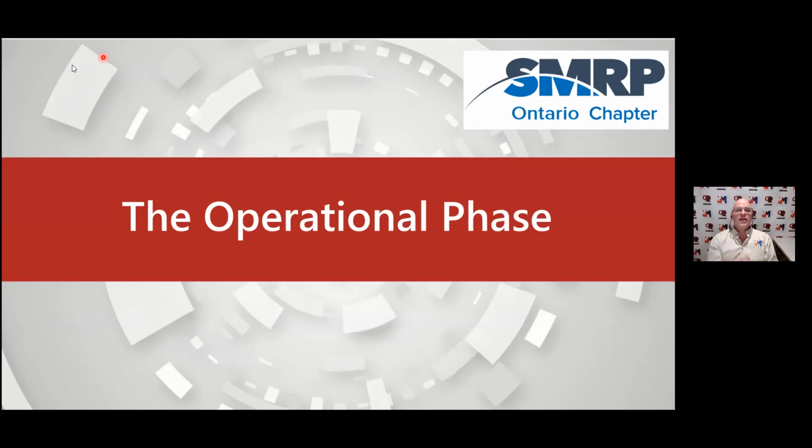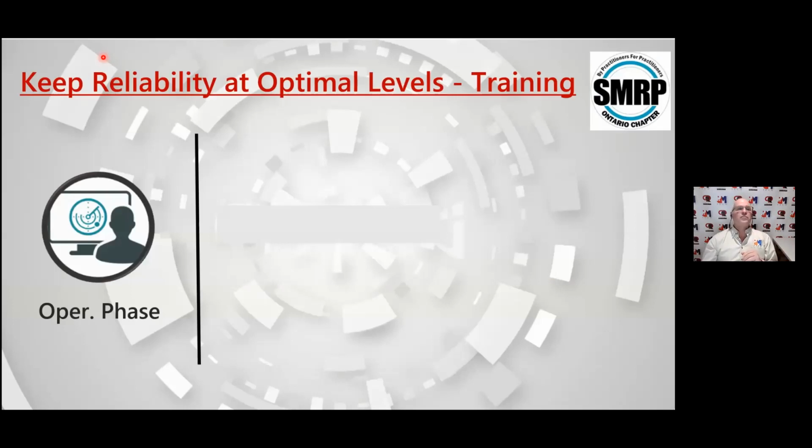In the operational phase of the assets, the best thing we can do is to recover reliability and keep reliability at optimal levels. Yes, sometimes we recommend some redesign tasks to improve reliability, but that is not done with maintenance, but with design changes.